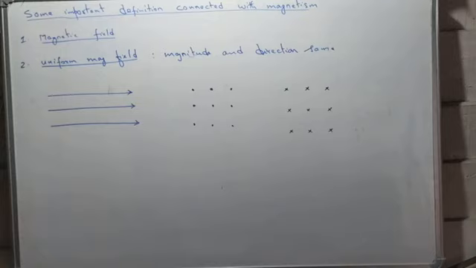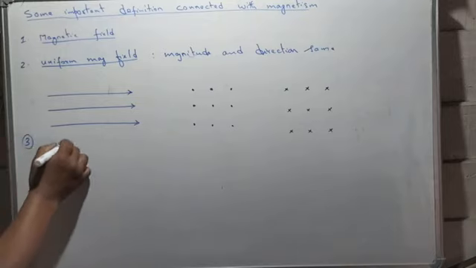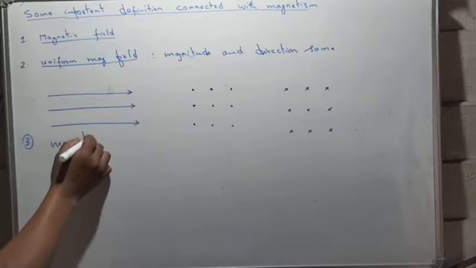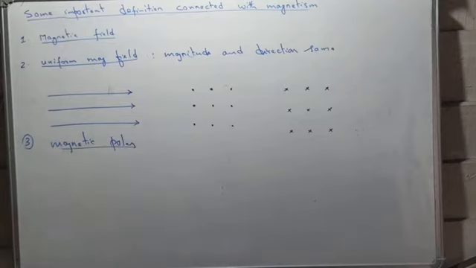Now the third definition is magnetic poles. So what is a magnetic pole? We have seen there are two types of poles: one is the north pole and the other is the south pole. These magnetic poles are the regions of a magnet in which the attraction is maximum.